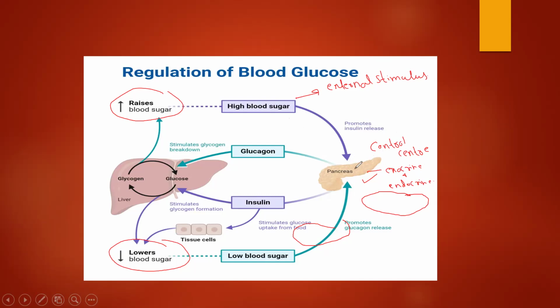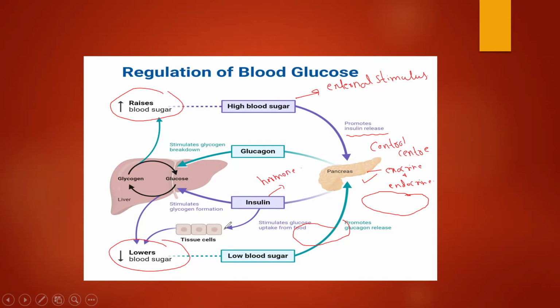The pancreas releases insulin when blood sugar increases in our blood. What is insulin? Insulin is a hormone which is released when the blood sugar level increases.